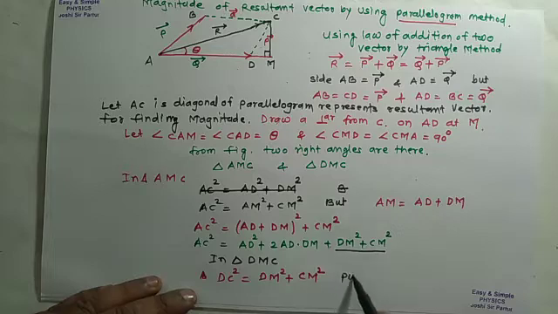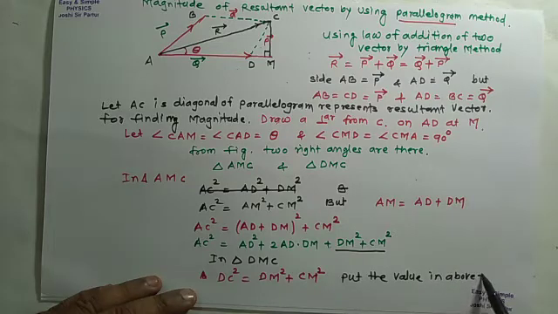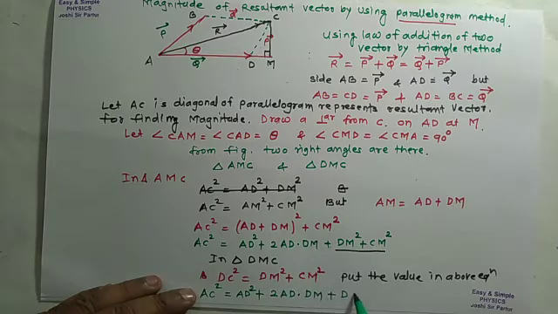Put the value in the above equation. If we substitute the value in the above equation, we can write AC square is equal to AD square plus 2 times AD into DM plus DC square. Suppose this is equation number 1.